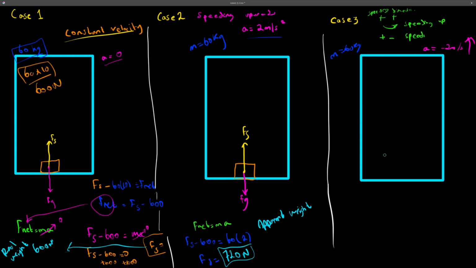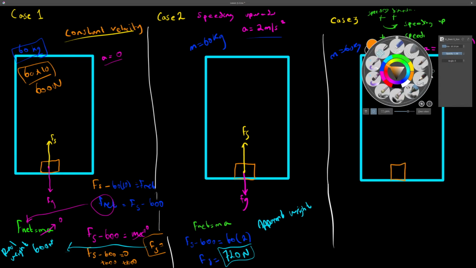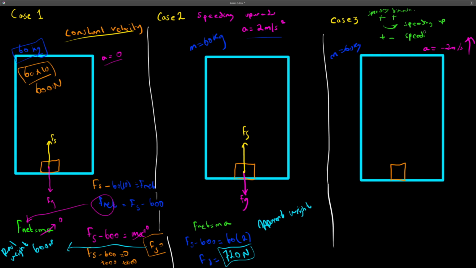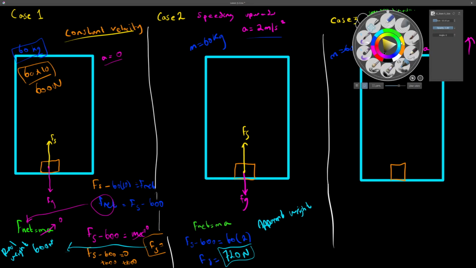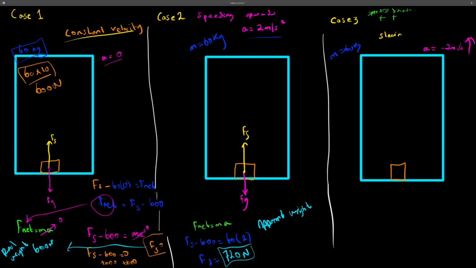So we'll draw our scale again. We'll write it here. So we're slowing down upwards. So minus here, that's for the acceleration, and upwards is the direction. So Fs here, and Fg down again.